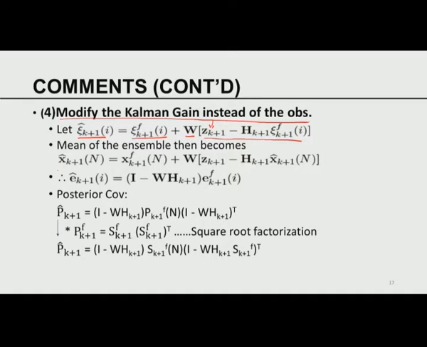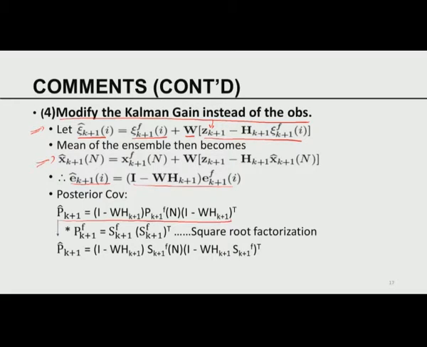If this is the analysis ensemble, this is the mean of the analysis ensemble. If I know the analysis ensemble and its mean, I can compute the analysis error anomaly. If I can compute the analysis error, I can compute the analysis covariance by this expression. Please remember, I am now talking like a broken record.